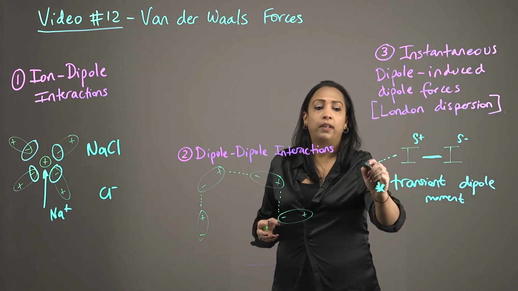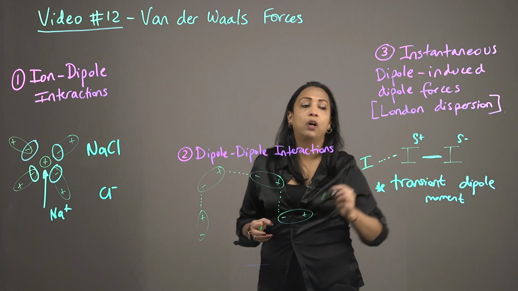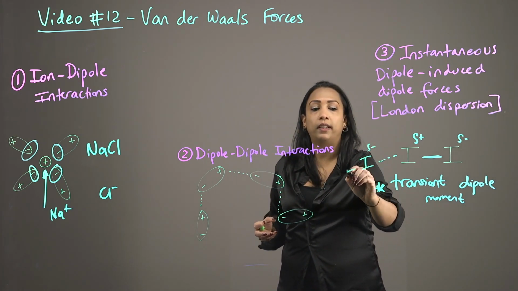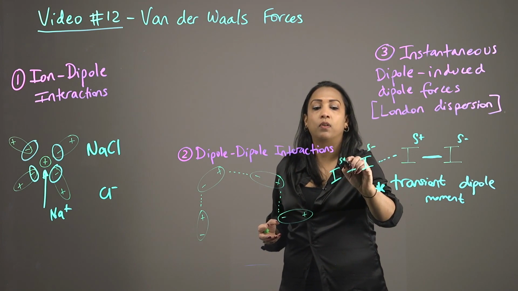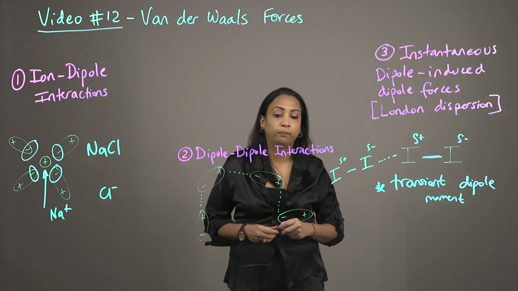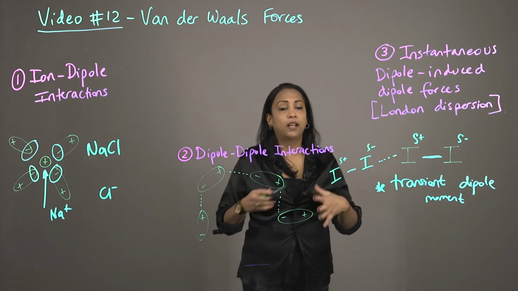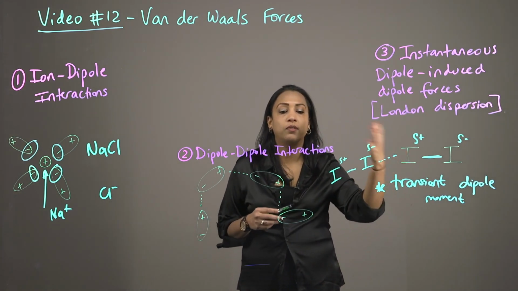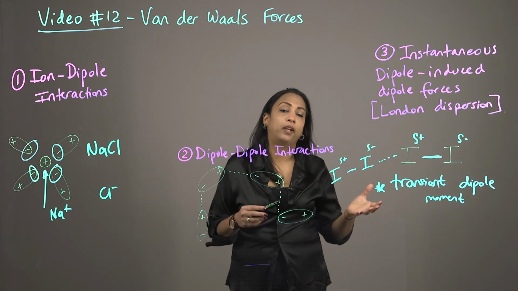So what would happen is if this iodine molecule comes into contact with another iodine molecule, we can then induce this sort of separation of charge. So due to electron repulsion, a temporary dipole on one atom can induce a similar dipole on a neighboring atom.